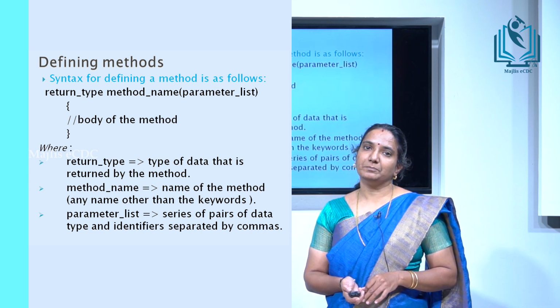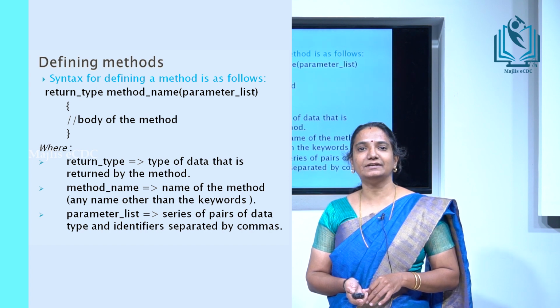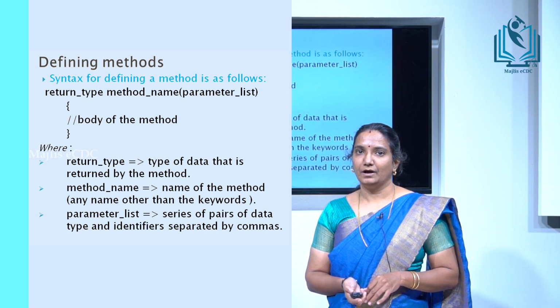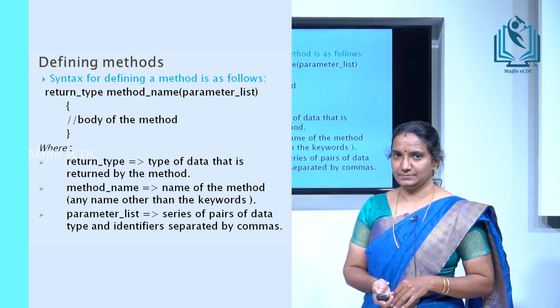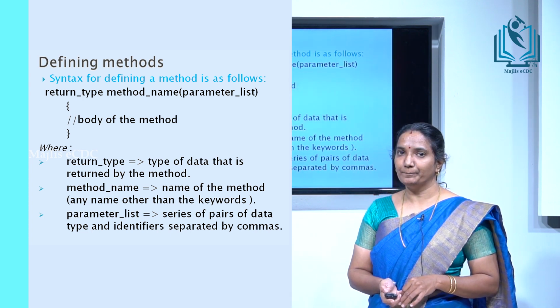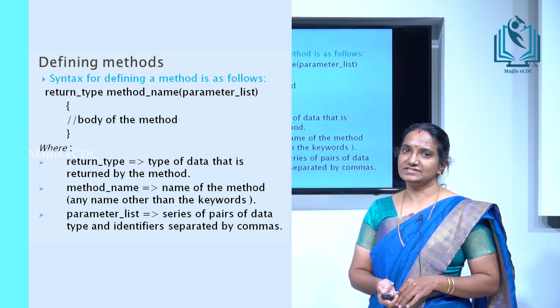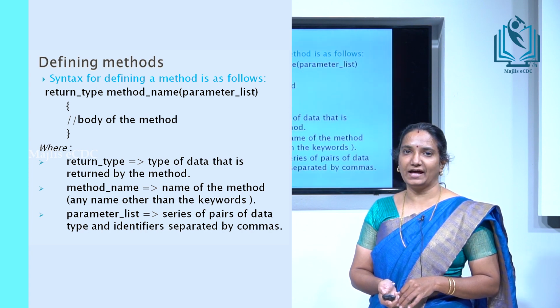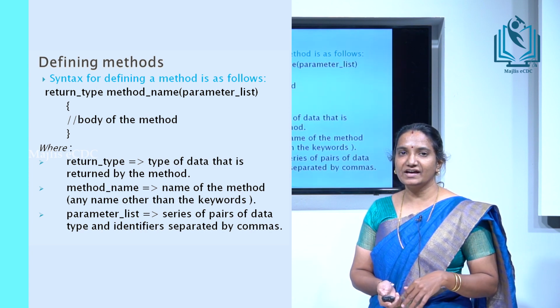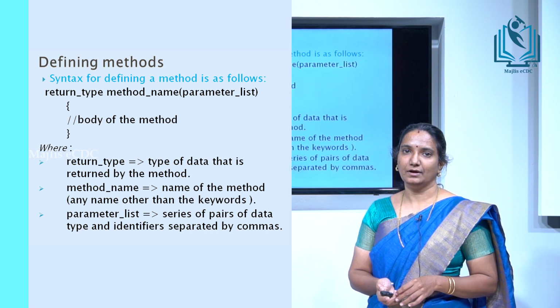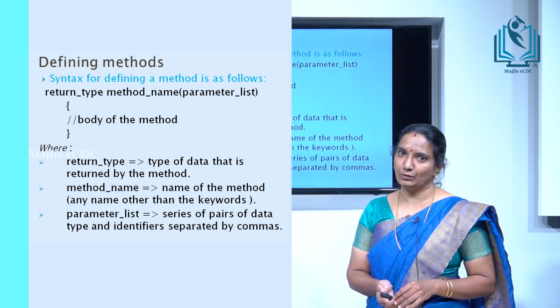Next, the method name. It is a valid name. It should not be a keyword. Last one, parameter list. Parameter list is a pair of data type and identifier. If there is more than one parameter, they are separated by using a comma.